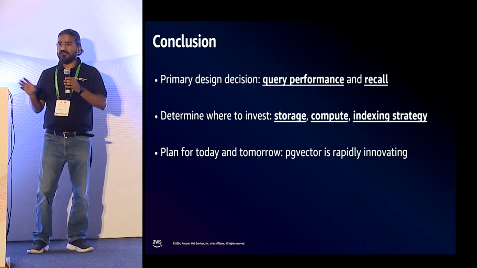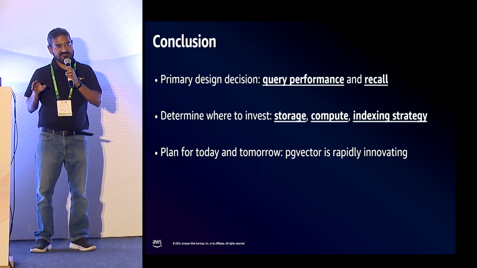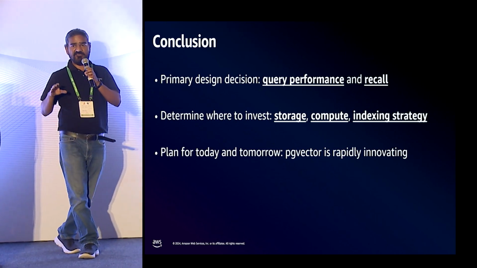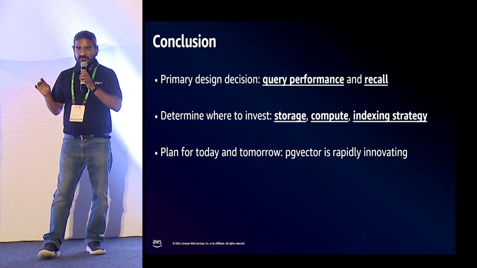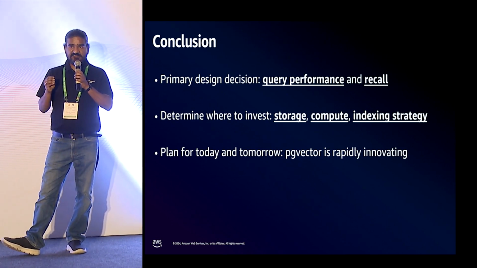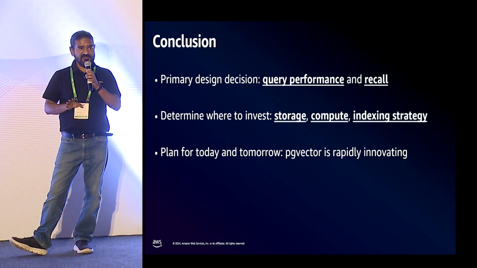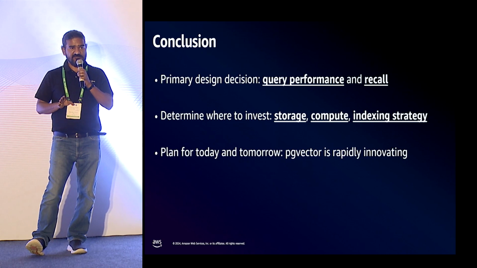So, a little conclusion here. Whenever we are designing a system for PGVector or GenAI or RAG, we have to think about the query and the query performance, which is very important. We need to retrieve data faster. At the same time, we have to maintain the accuracy of the data.